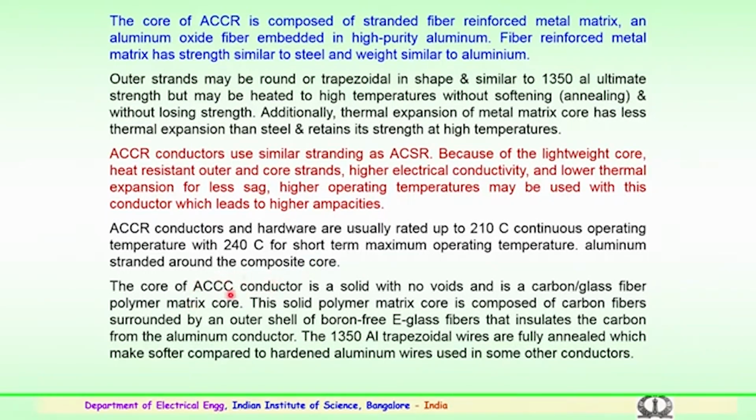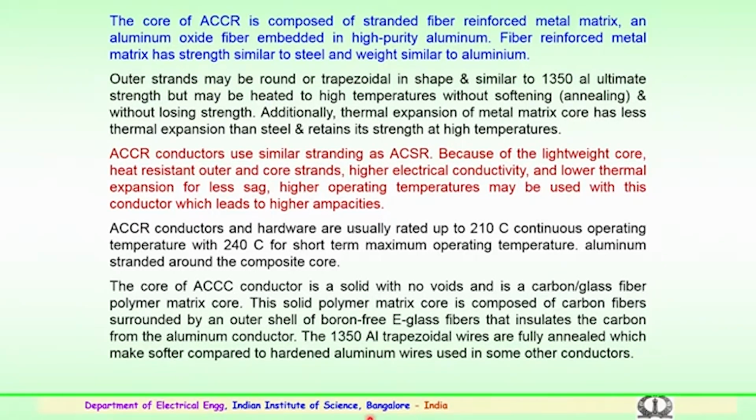The core of these high temperature conductors, or ACCC conductor, is solid with no voids and is a carbon or a glass fiber or a polymer matrix core. It could be any one. This solid polymer matrix is composed of carbon fibers surrounded by an outer shell of boron free E-glass fibers, which insulates the carbon from the aluminum conductor.